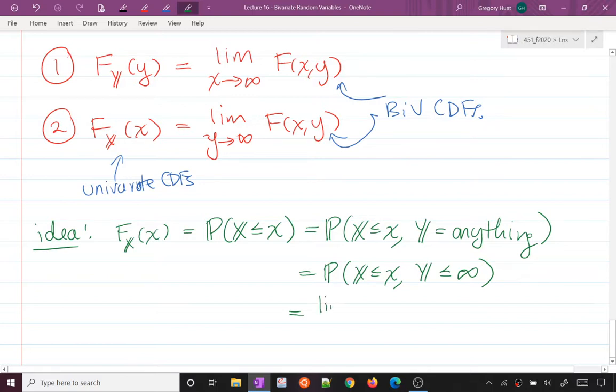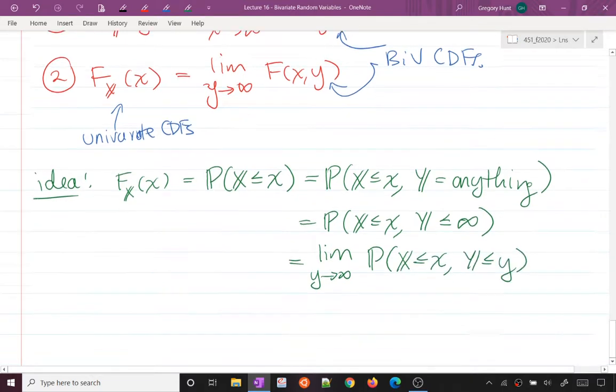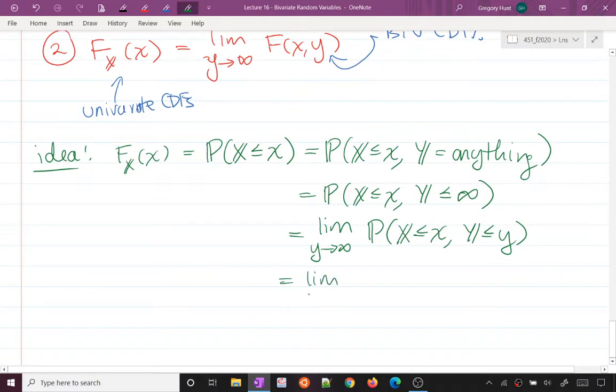And so the more formal way to write this is the limit as y goes to infinity of the probability x is less than or equal to little x and y is less than or equal to little y. But of course that is just the definition of my bivariate CDF.